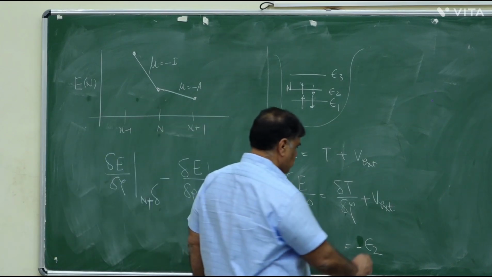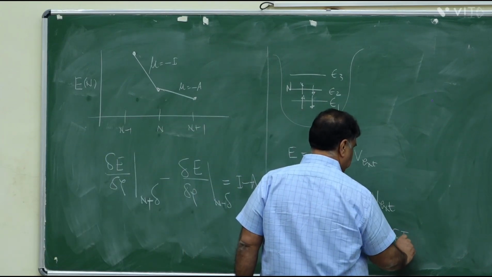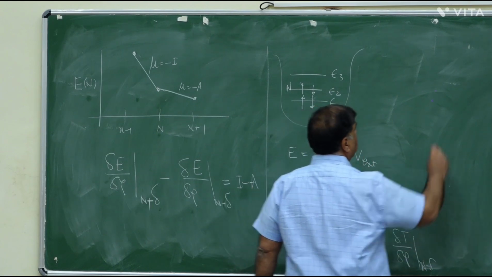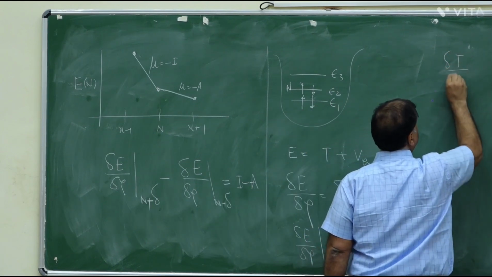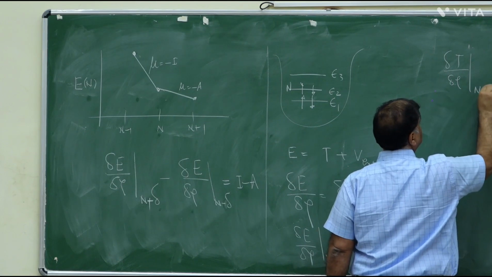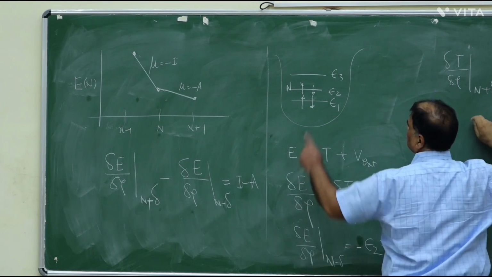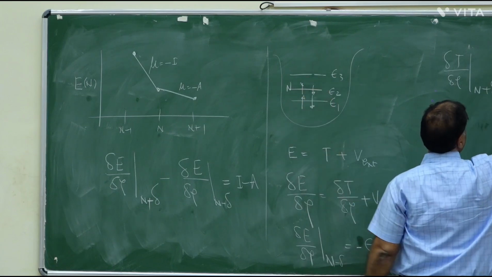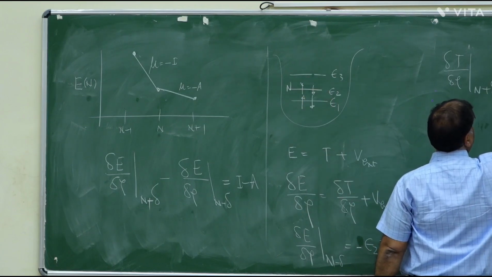And this is going to be delta T, delta rho at N minus delta. And delta T, delta rho at N plus delta is going to be, because now the extra electron cannot come here, energy change will take place here. This is going to be minus epsilon.